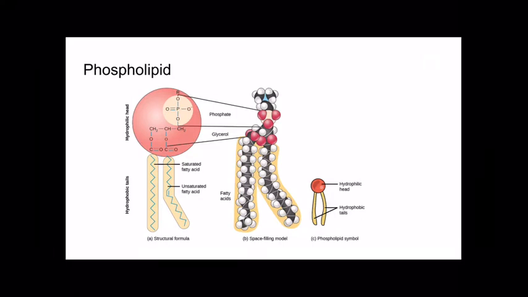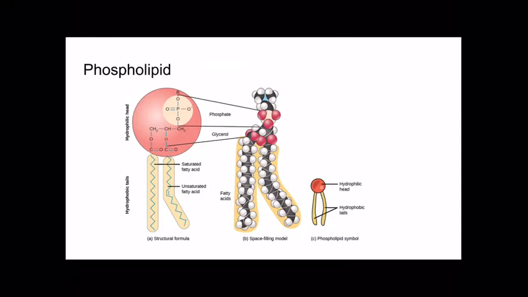That middle diagram shows all of the carbons and the hydrogens and the oxygens and the phosphate, etc. And then we've zoomed out to take a look at this molecule from a little more of a distance in that third diagram, where we just see what we call the hydrophilic head. The hydrophilic head is the part with the polar aspect to it that can interact with water. And then the hydrophobic tails are hydrophobic because they're fatty acids, and we know that fats stay away from water whenever they can. They don't like to hang out in water. So the tails are hydrophobic, the head is hydrophilic, and that's what a phospholipid looks like.